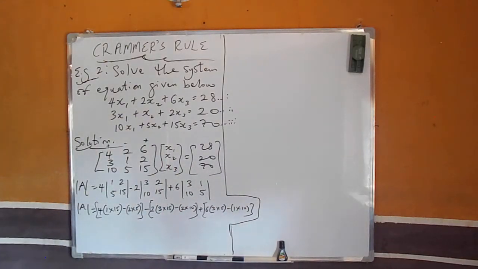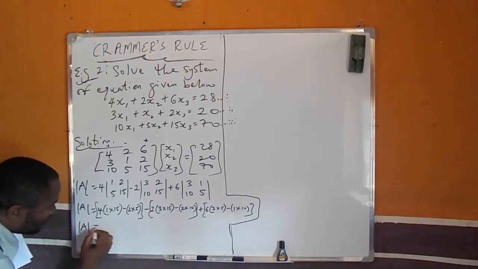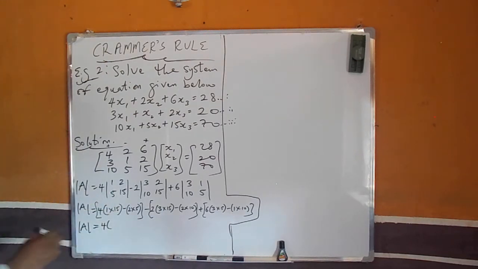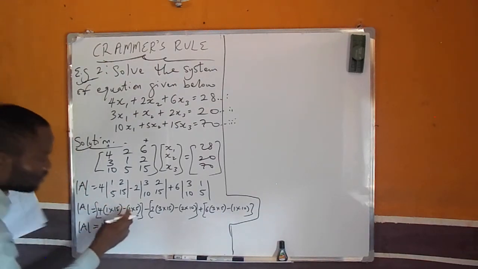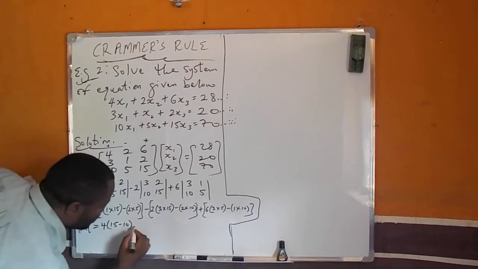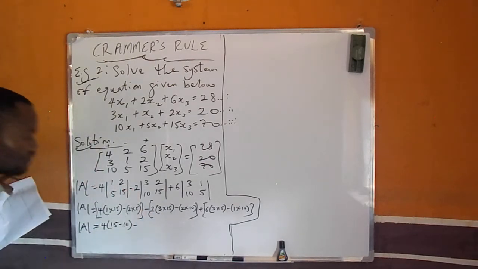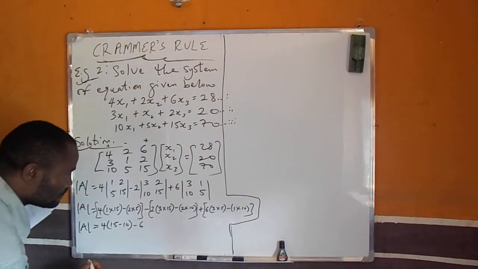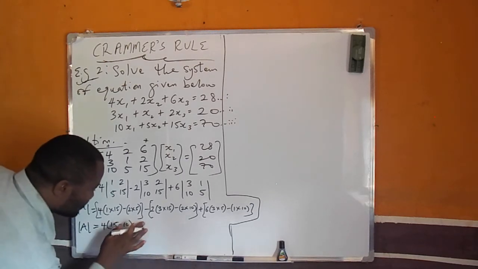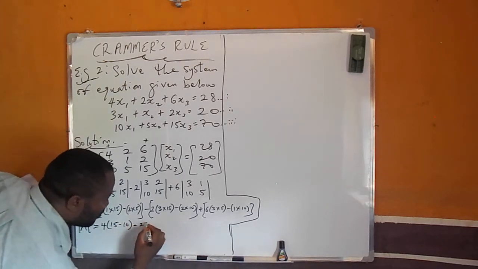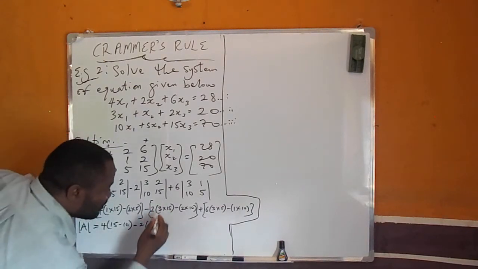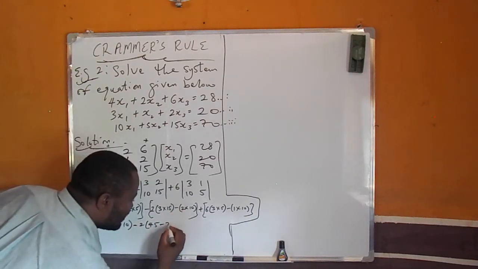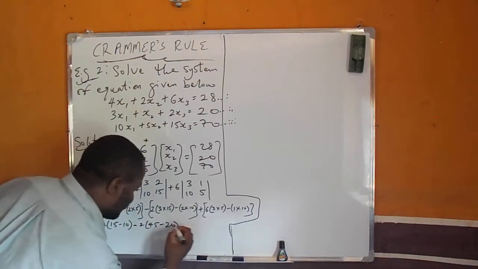Now we have determinant of A equals 4 in bracket 1 times 15, 15, minus 2 times 5, 10, bracket close. Minus 2 in bracket 3 times 15, 45, minus 2 times 10, 20, bracket close.